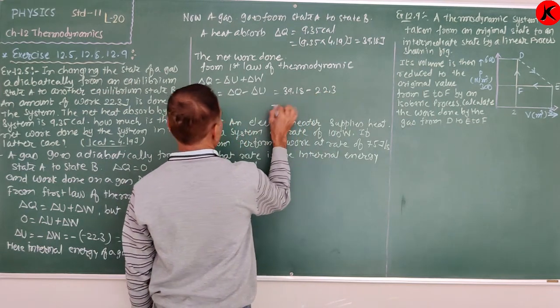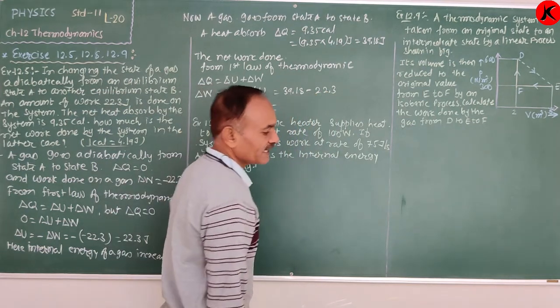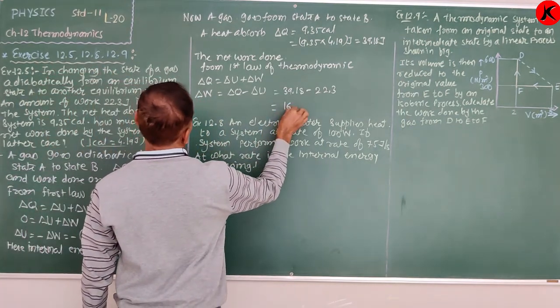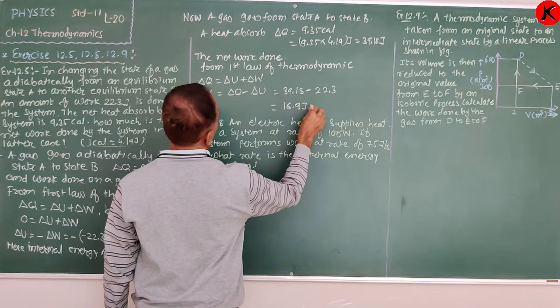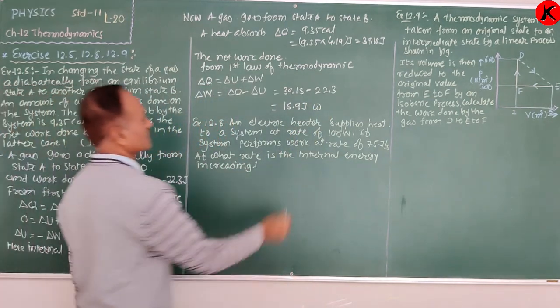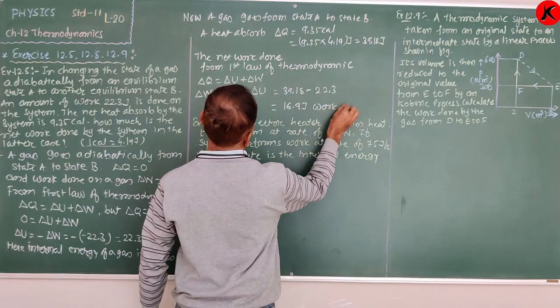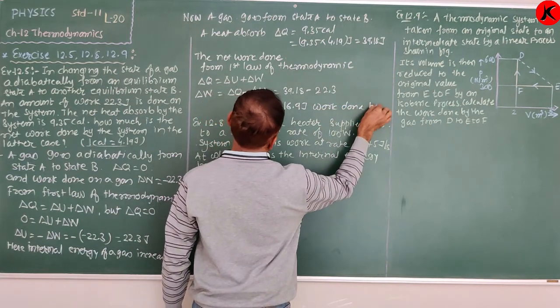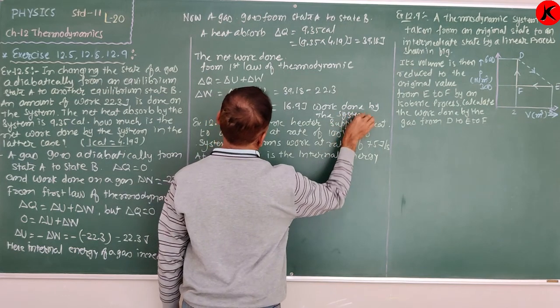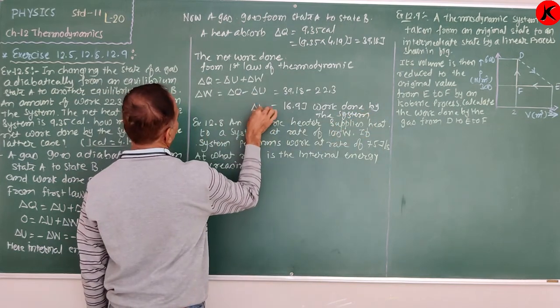So the subtraction is 16.9 joule. 16.9 joule work is done. Net work done by the system, that is the delta W.